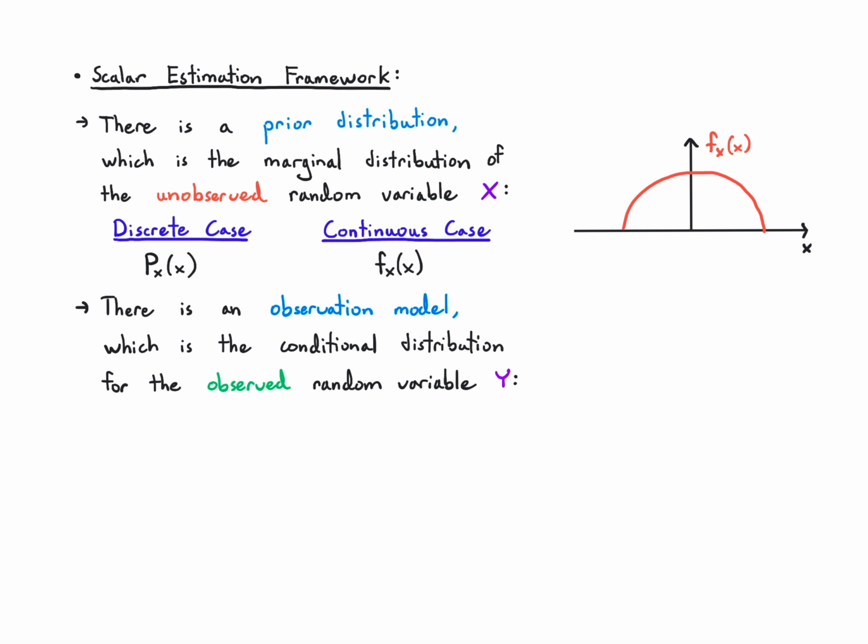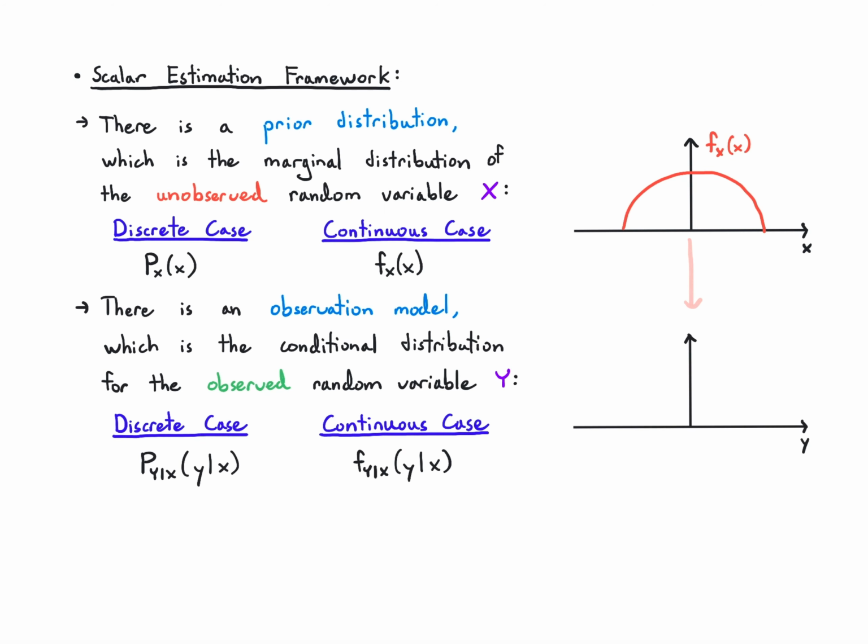In the discrete case, where y is discrete, we're going to see the conditional PMF, p of y given x. And in the continuous case, we're going to see a conditional PDF, f of y given x, and we're going to know this model. So here's an illustration in green of a conditional PDF, assuming that y is continuous.